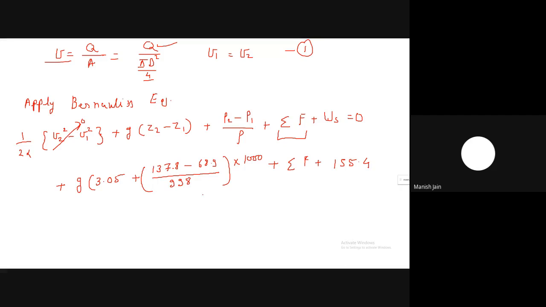Okay, now G is 9.8, the gravity constant, 9.806. Now if you solve this equation, that should be equal to 0.